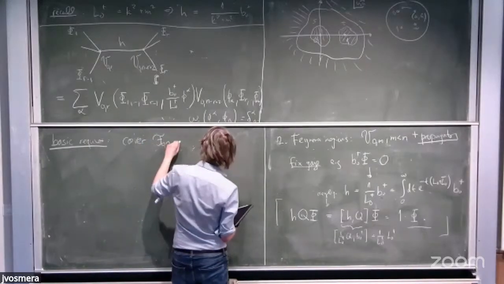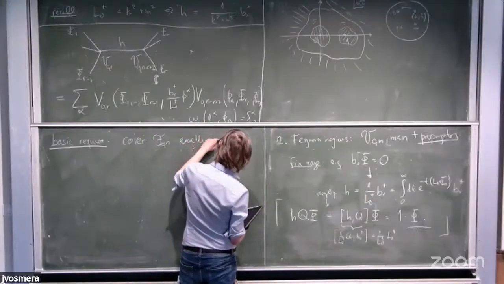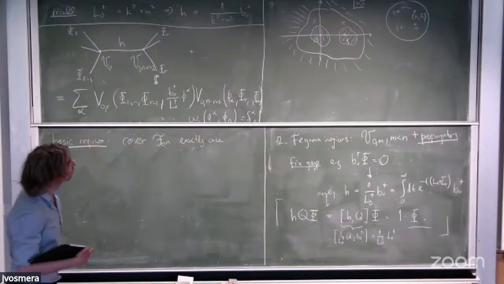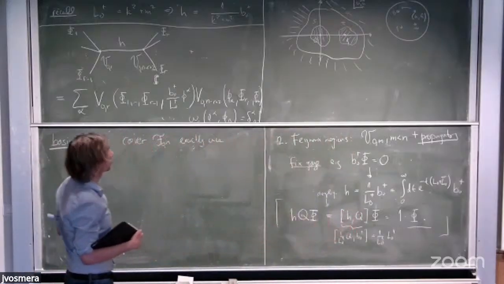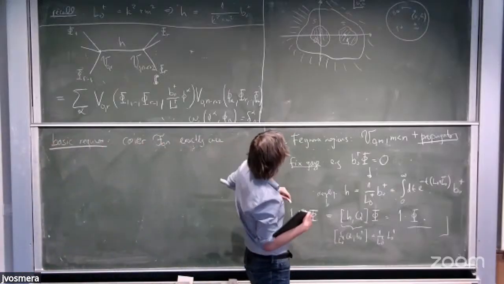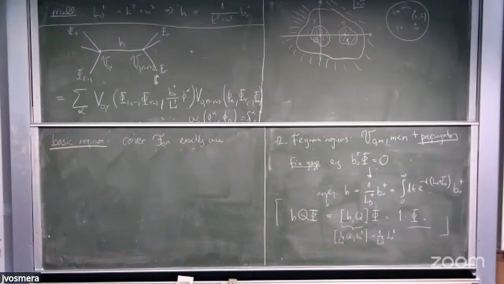So we need to cover F0 exactly once, with no gaps and no overcounting, right? So whatever was missed by these Feynman regions in that particular picture, exactly that I need to cover by the elementary vertex V04 in that case, right?